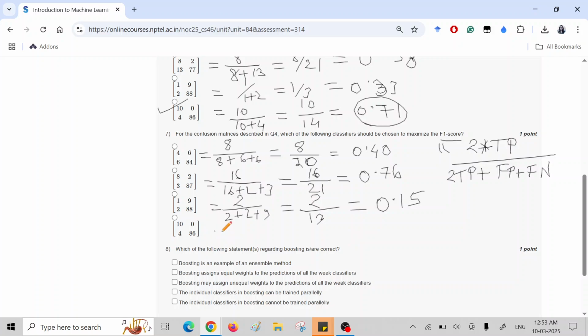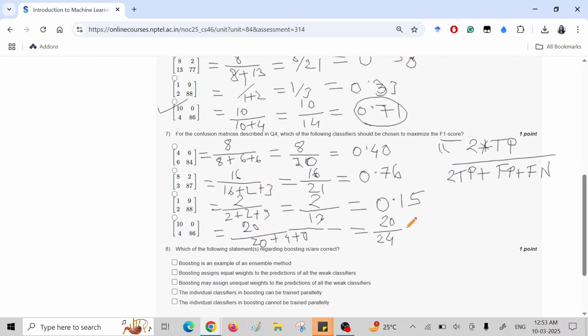Yes, and the last one, twice of 10, that is 20, divided by 20 plus 4 plus 0, which is equal to 20 by 24.